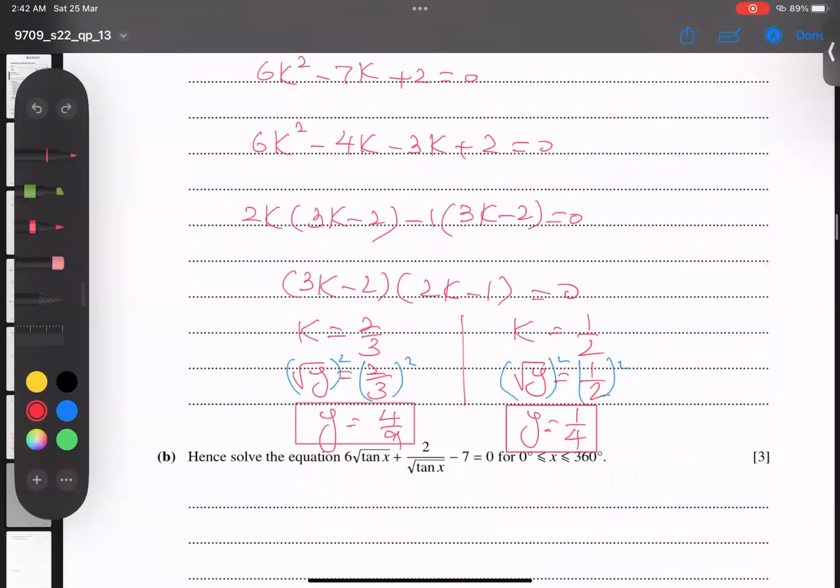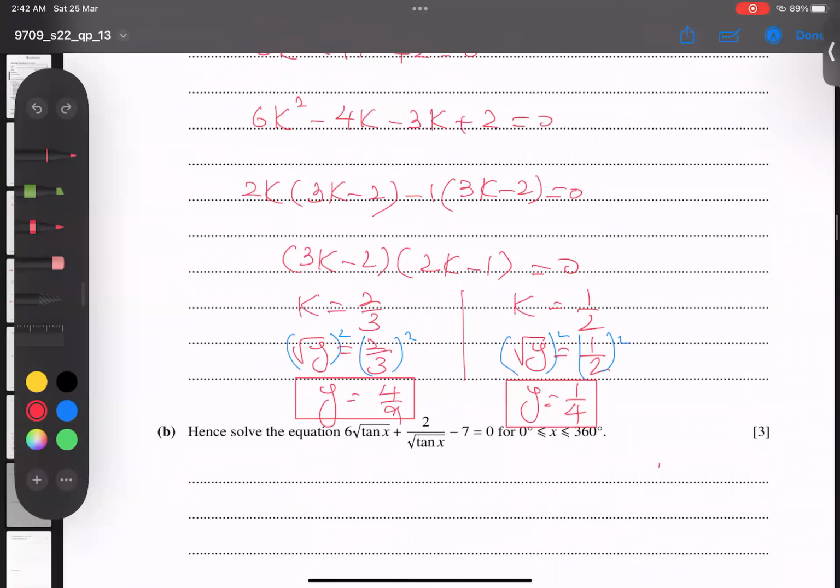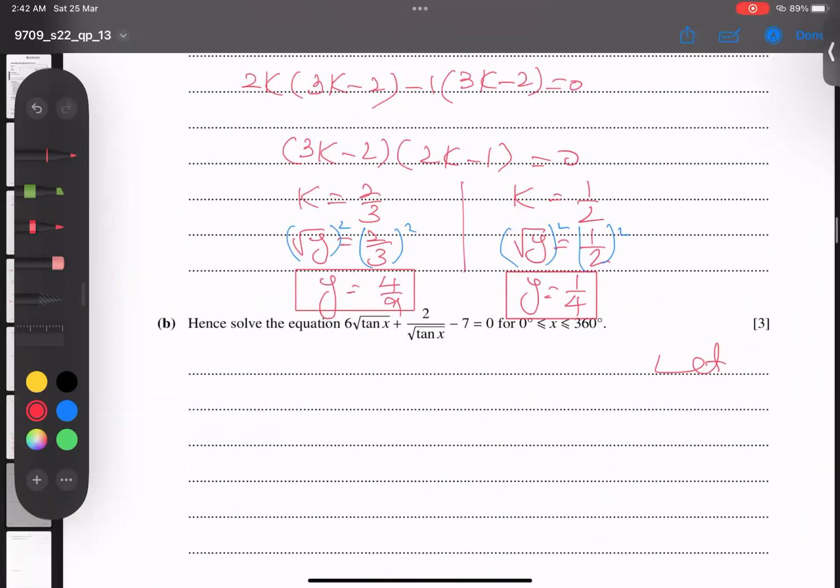So actually, if I replace every root 10, wait a minute, let me check. Yeah, not root 10, only tan x. If I replace by y, then what I get is this equation. This equation turned to be 6 root of y plus 2 over root of y minus 7 equal to 0.